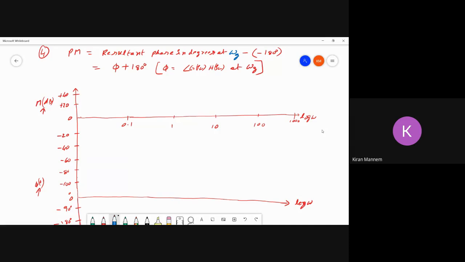At omega equal to 1, using another color, it is 15.56. From here, I can divide it into 1, 2, 3, 4, and 5, right?